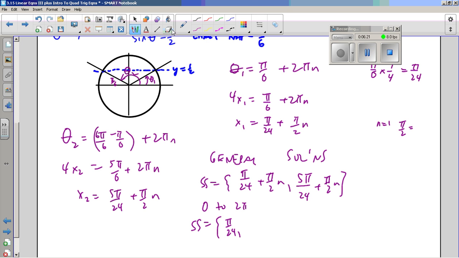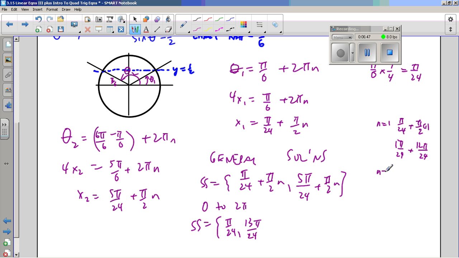For n equals 1, let me do the whole calculation, then we'll get a pattern going, I hope. I'm going to have pi over 24 plus pi over 2, n is 1. And then with a common denominator, I'm adding 12 pi over 24, which is pi over 2 written with common denominator 24. So 1 plus 12 is 13 pi over 24.